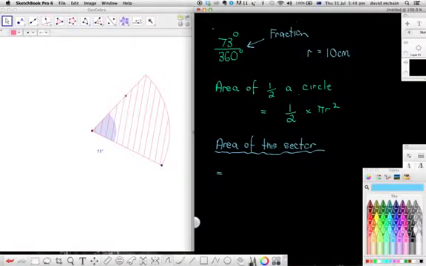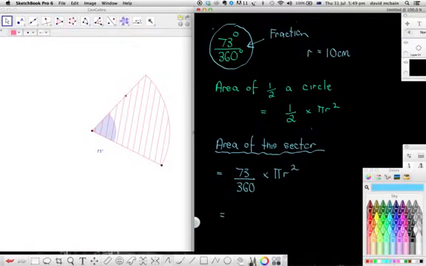So remember this, if we want to work out half a circle, the area of half a circle would be the fraction of the sector times pi r squared. If it was a quarter of a circle, it would be the fraction of the sector, which is 1/4, times pi r squared. Well, in this case, the fraction of the sector we've got is this. It is 73 over 360 times pi r squared.